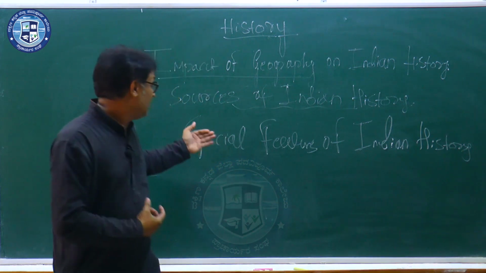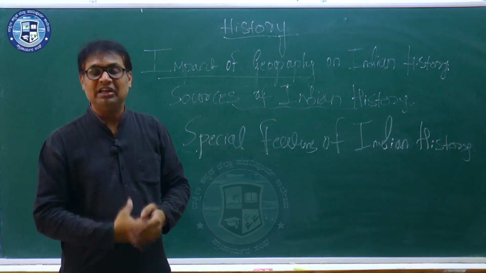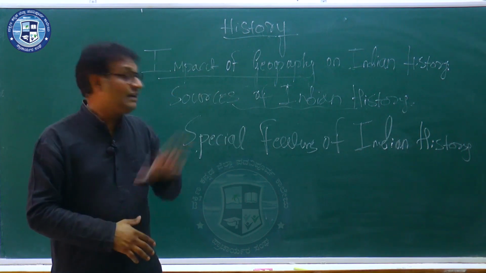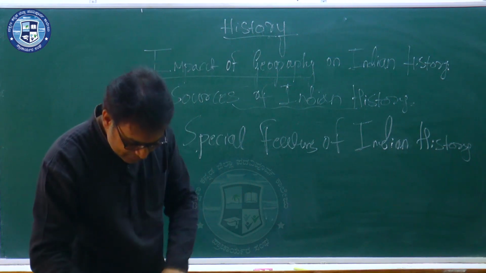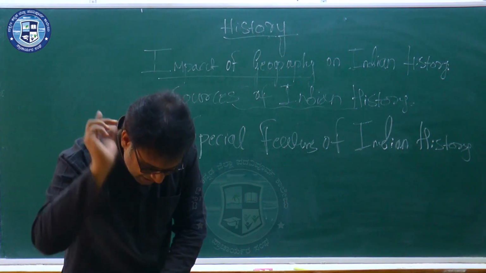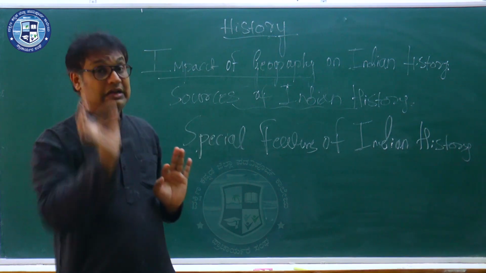Here it is, special features of Indian history. There are some special features related to Indian history. One by one we'll study. First one is continuity of civilization and culture.